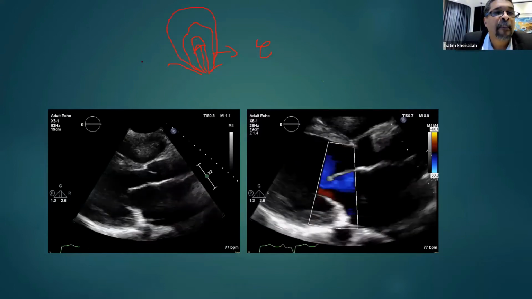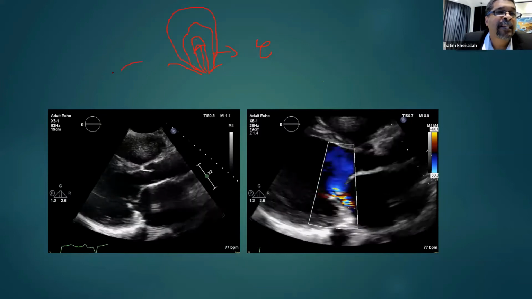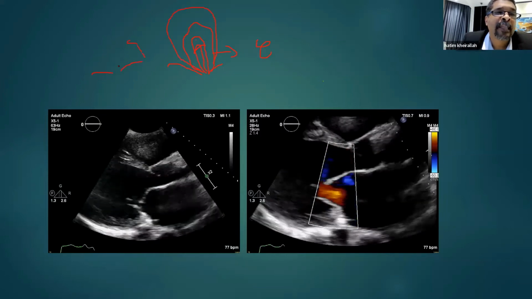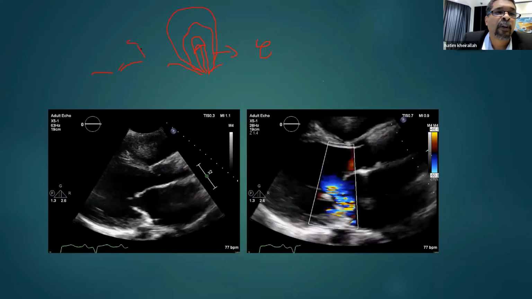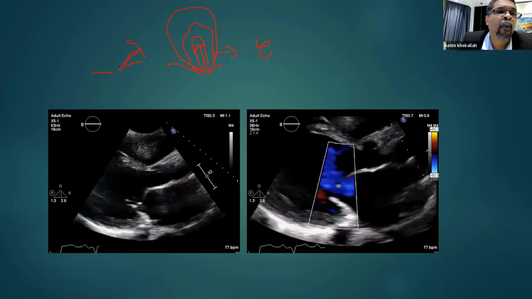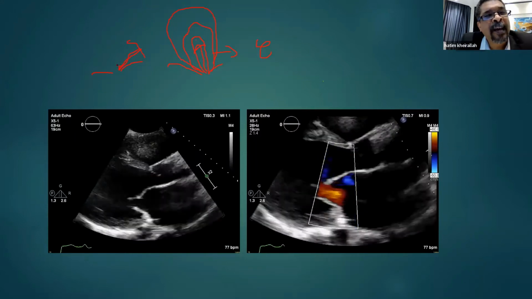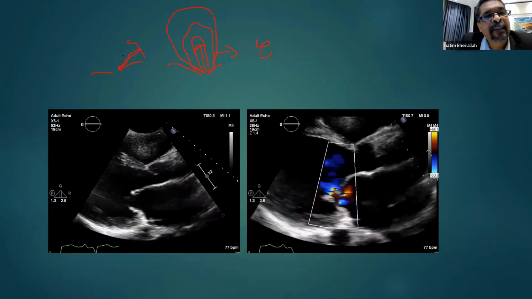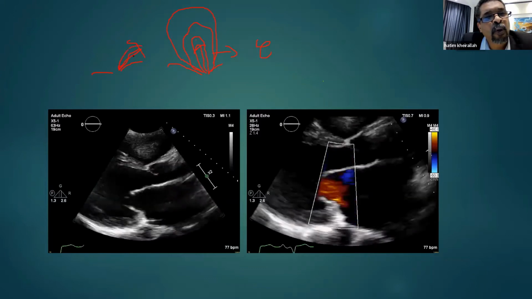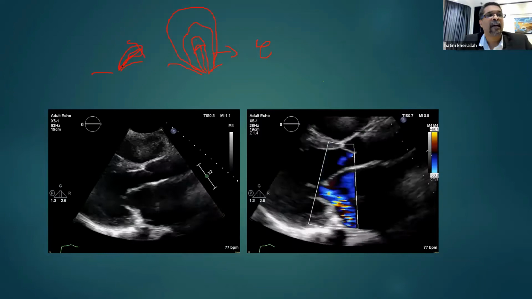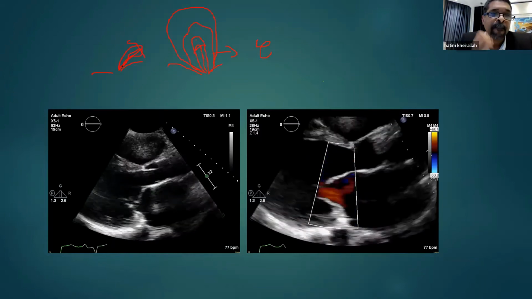Now, if we compare that to an eccentric jet, here is the wall, let's say, and the jet comes and hits the wall. When the jet hits the wall, it loses kinetic energy. So when it loses kinetic energy, the entrainment around the jet will be just small, and that's why it appears small. Deceptively, it appears small, okay?